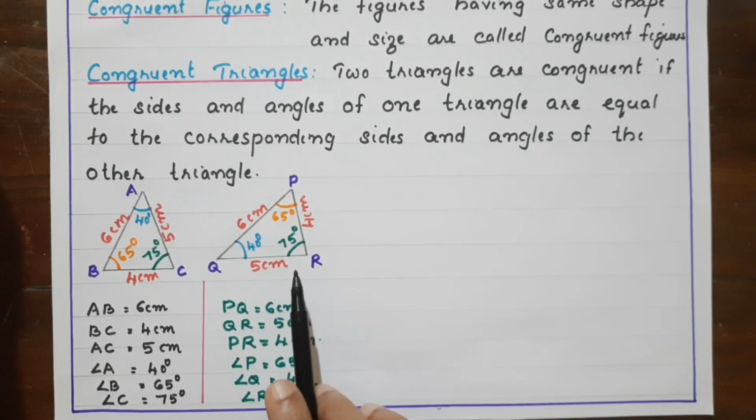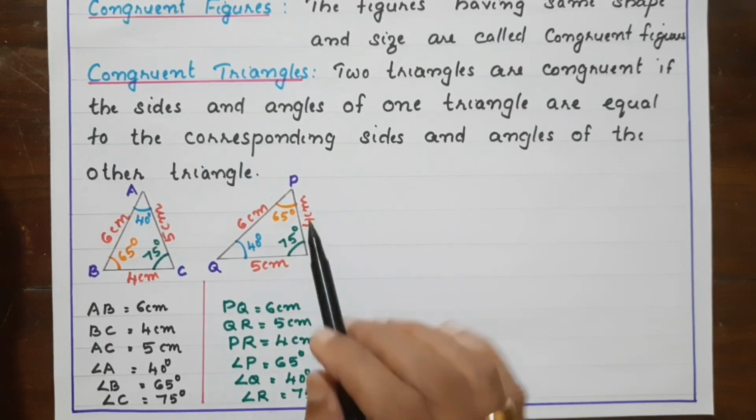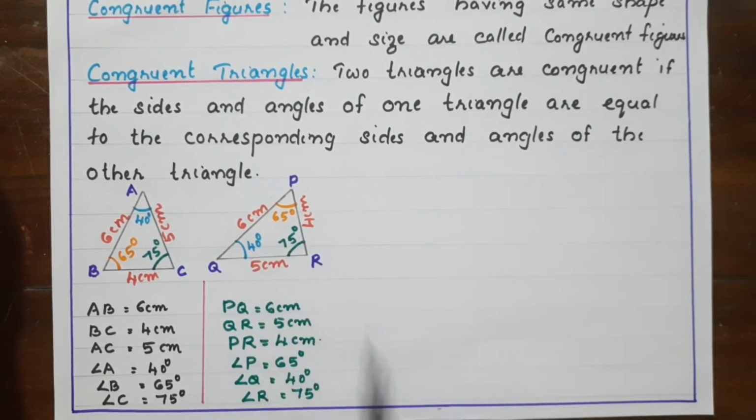And come to this triangle, here also all the measures are written here. PQ 6, QR 5, PR is 4 cm, then all the angles. Here 65, here 40, here 75. Let's verify whether they are congruent or not.